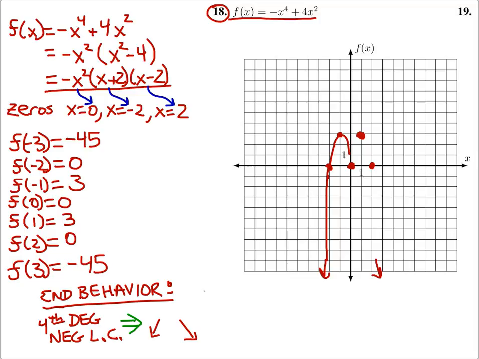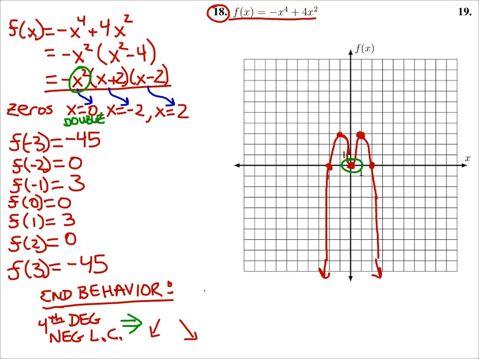Now here's the tricky thing right here. At 0 it bounces back up, and the reason why it bounces back up is because of the fact that x squared is a double factor, so x equals 0 is a double 0. So because x equals 0 is a double 0, it acts like a parabola right around x equals 0.